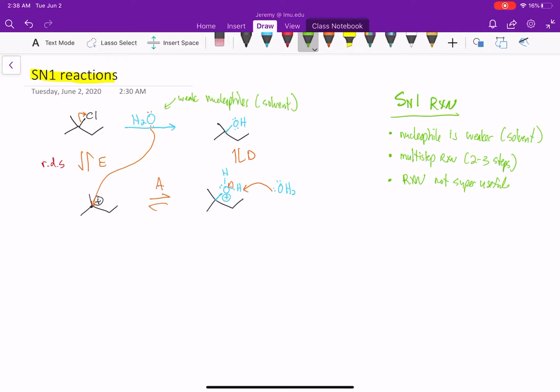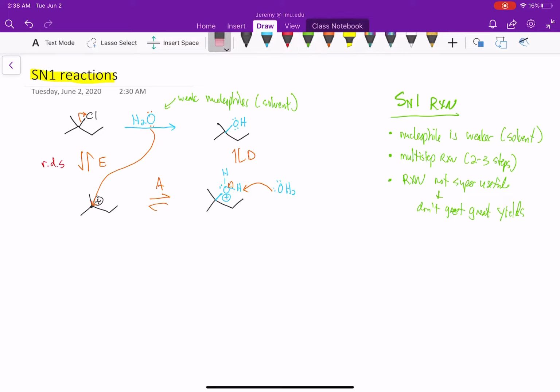We generally learn the SN1 reaction to compare it with the SN2, but the SN2 reaction works quite well. You get really good yields. That's not the case here. You don't get great yields. Okay, so I want to talk about why that is.